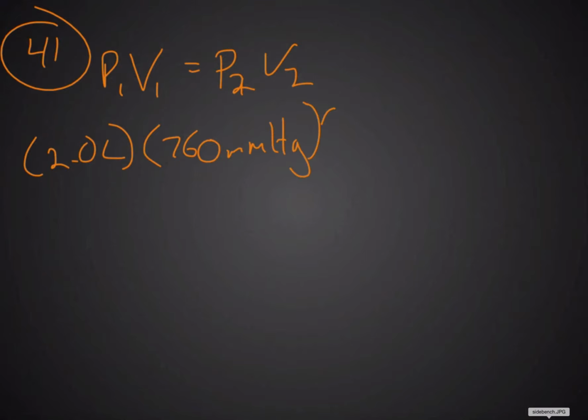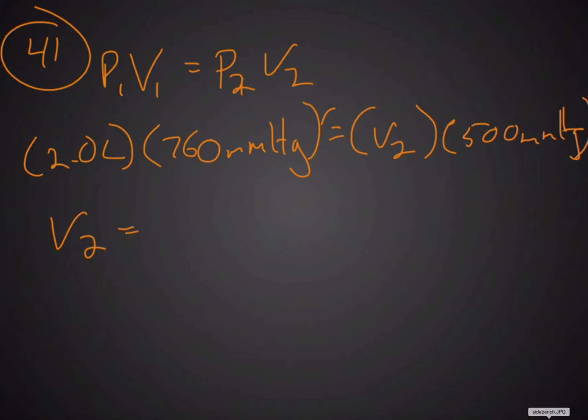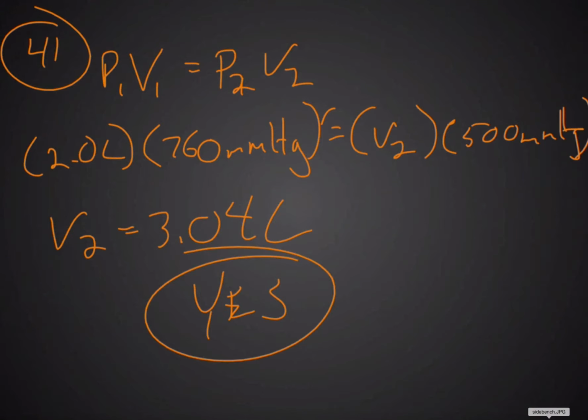And then the pressure drops to 500 millimeters. And we want to know what the volume would be. Well, V2 is 3.04 liters. And the question says if the maximum capacity of the balloon is 2.5 liters, would it burst? So the answer is yes, because it would need to be a volume of 3 liters in order to accommodate that pressure.